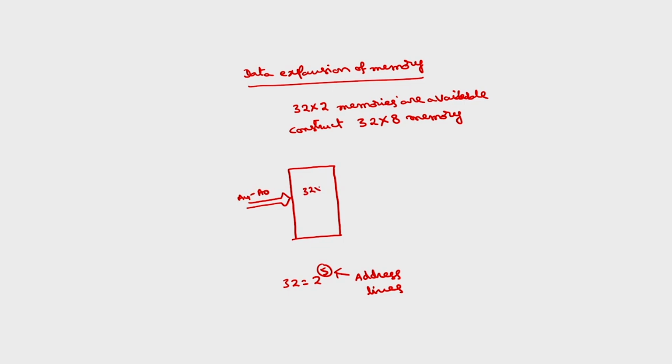This is 32 by 2, and 2 data lines, D1 to D0.